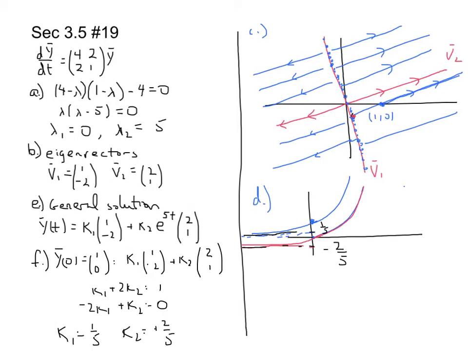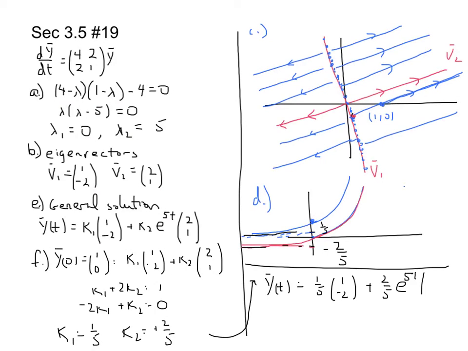I'm going to move over to here and write this out more clearly. Our particular solution, y of t, has a 1/5 times (1, -2) plus a 2/5 e to the 5t times (2, 1).